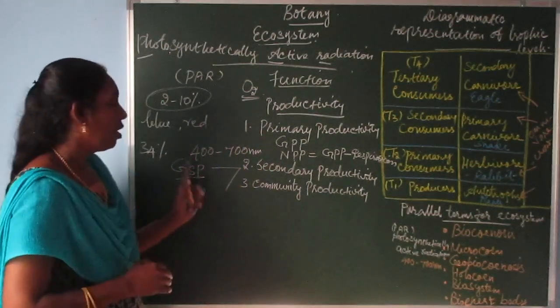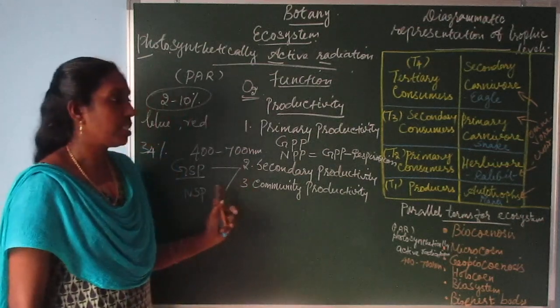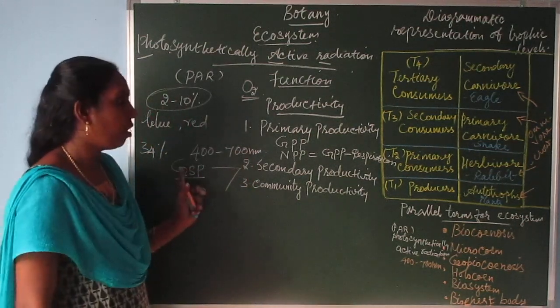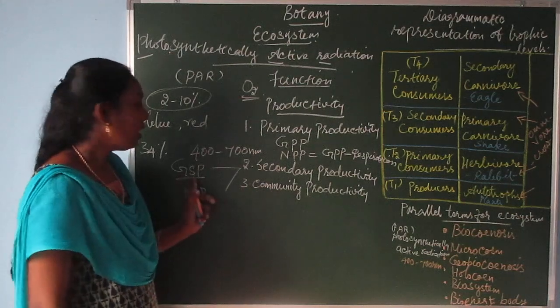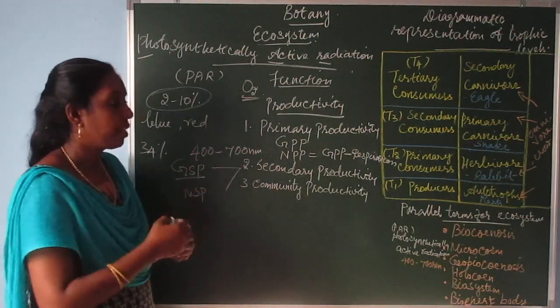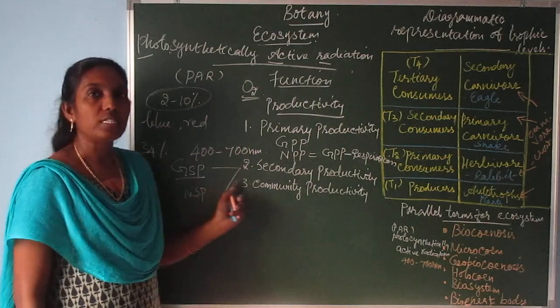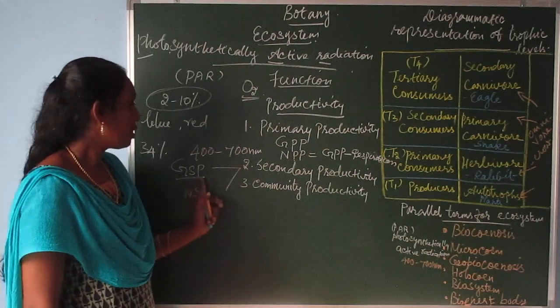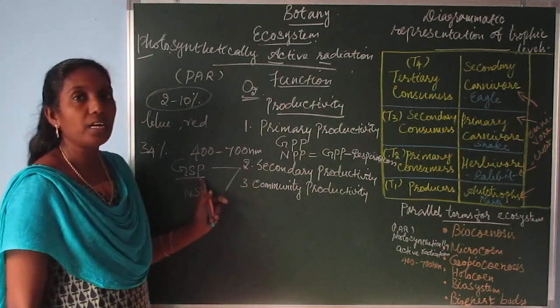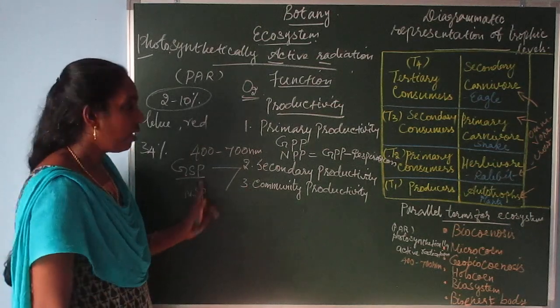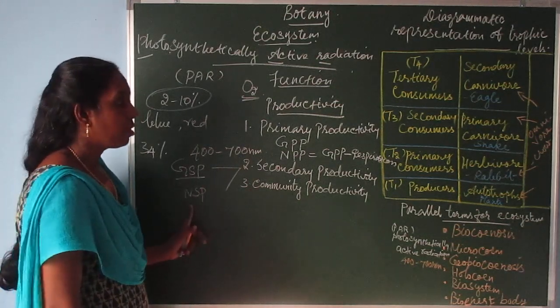So the gross secondary productivity is the total amount of plant material ingested by herbivorous animals. It is called gross secondary productivity. And this one, NSP, what is this?